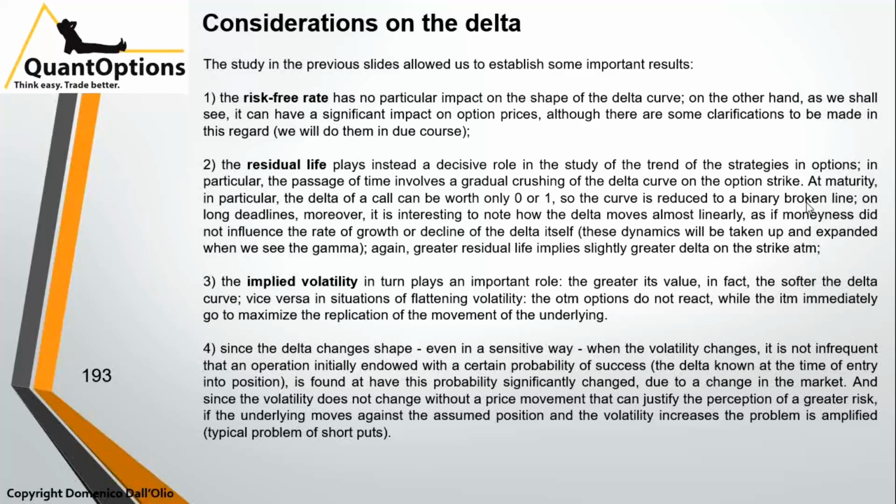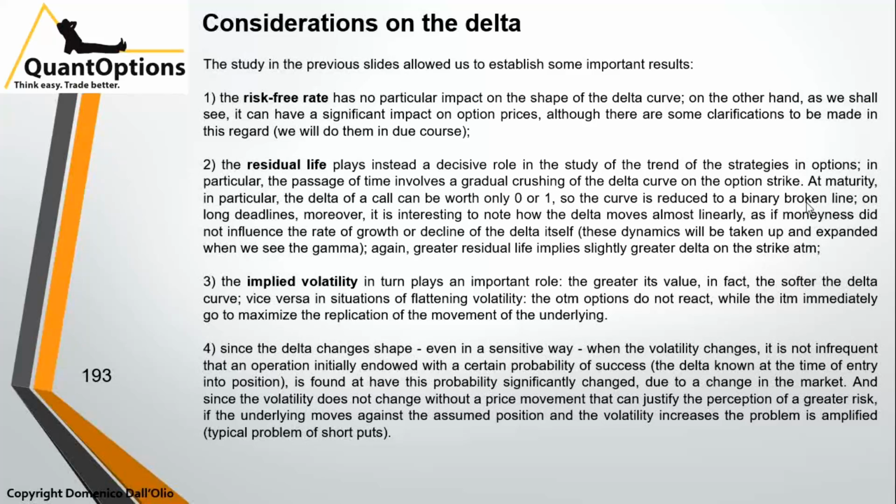Fourth, since the delta changes shape, even in a sensitive way, when the volatility changes, it is not infrequent that an operation initially endowed with a certain probability of success, the delta known at the time of entering into position, is found to have this probability significantly changed due to a change in the market.